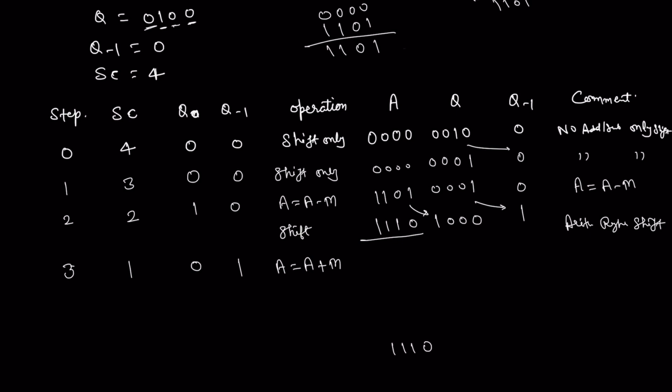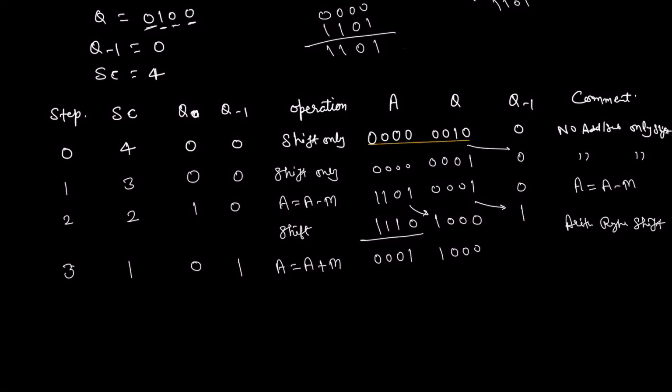And M is 0011. If we add, we get 1 0001, just neglect the carry. So this is 0001. And Q is here 1000. The accumulator becomes 0001, Q is the same, 1000.